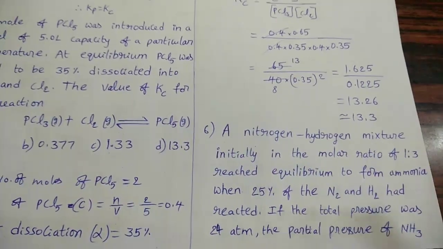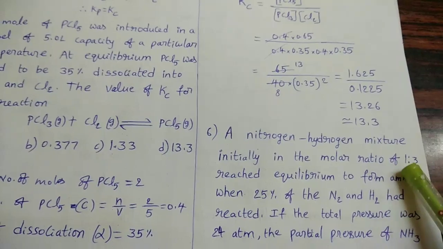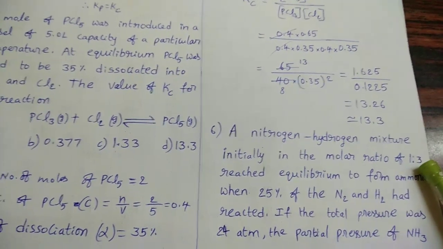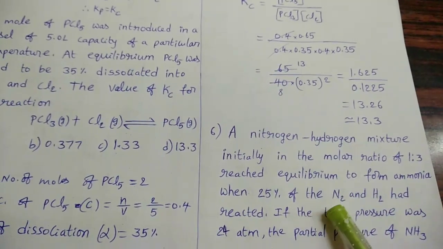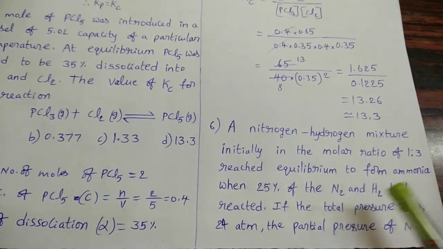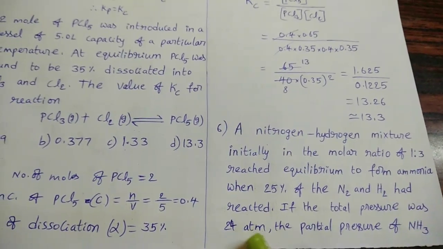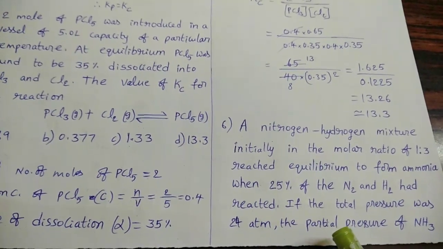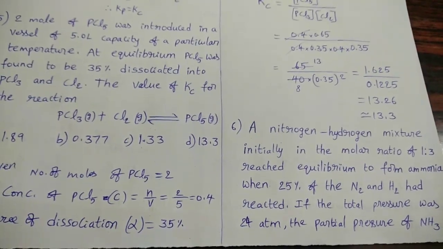Small change here, values are given. N2 and H2 are reacting in a molar ratio 1:3. Of that, 25% only reacted from N2 and 25% from H2. Then total pressure is 24 atmosphere. What is the partial pressure of NH3 at equilibrium?